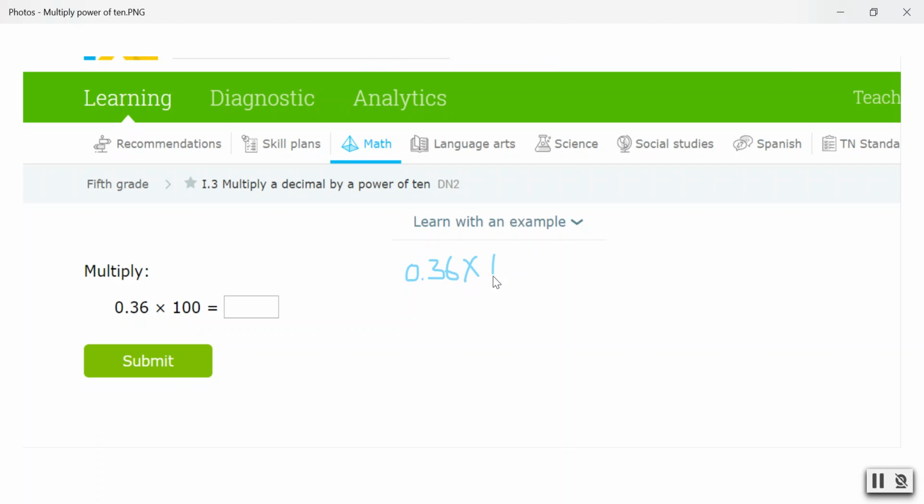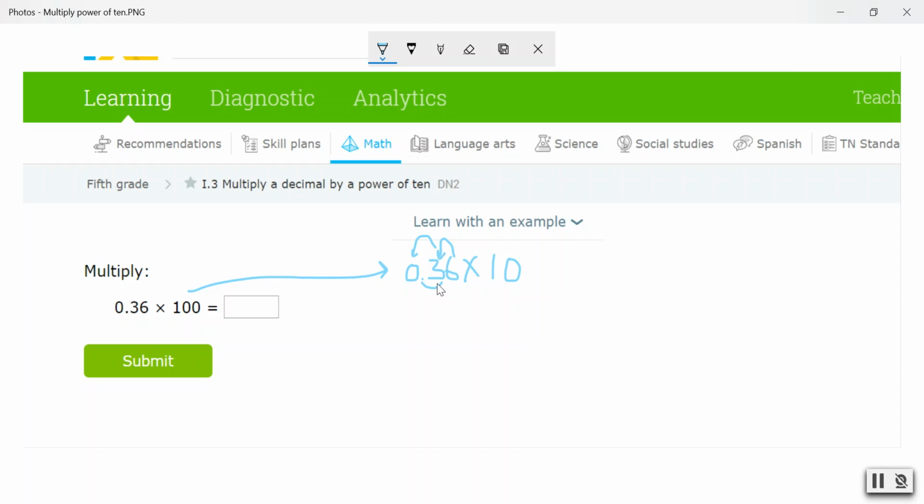So when I take 0.36, I know this isn't exactly the problem, but if I just multiply it by 10, I'm basically bumping 3 up one place value and 6 up one place value. So now this 3, instead of being in the tenths place, is going to be in the ones place. And the 6, instead of being in the hundredths place, is going to be in the tenths place.